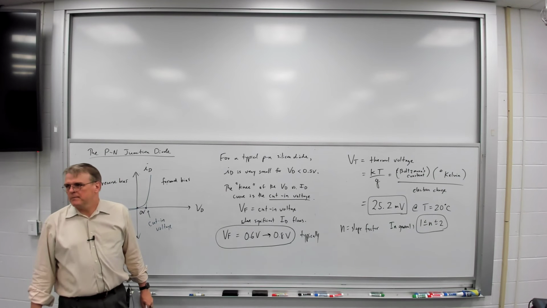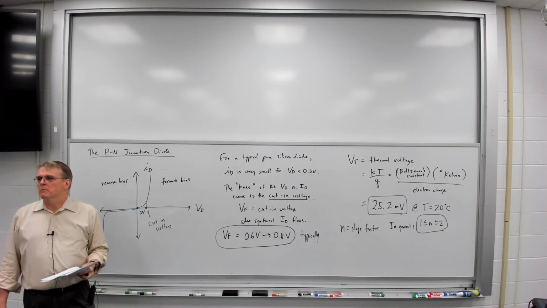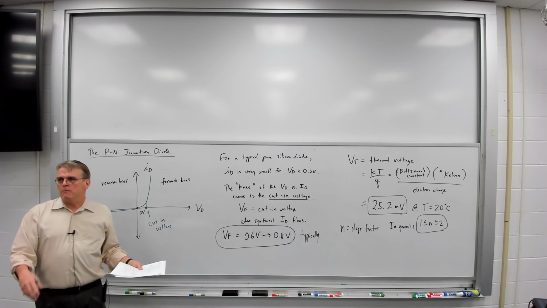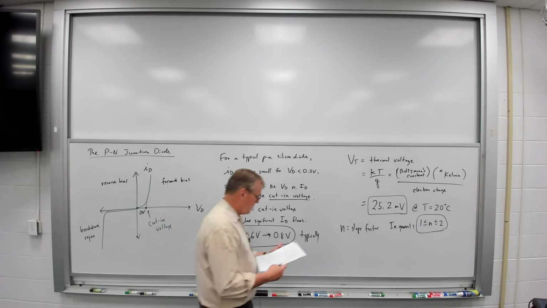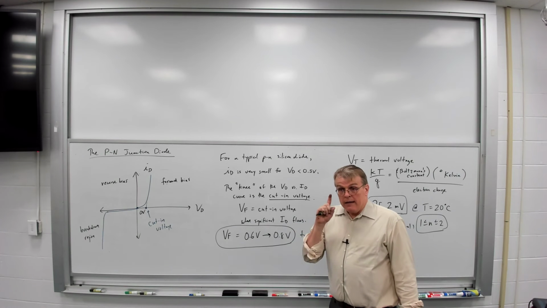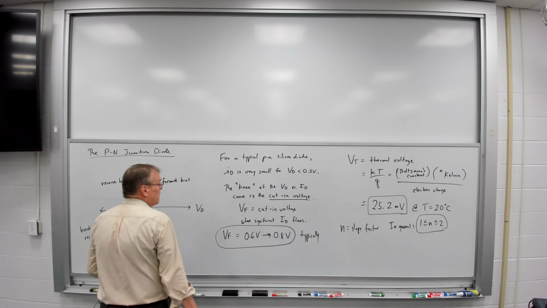It depends on the text. Once again, it's a function of geometry, but those are typical numbers that match with the thermal voltage and the scale factors and the slope factors. All right? So in this class, in general, we will assume the following.